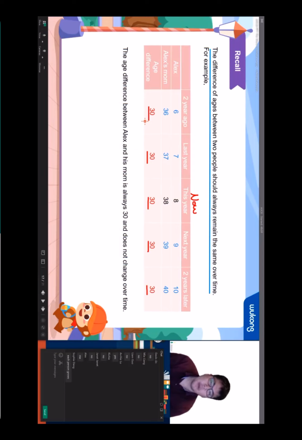Each person will become older next year. If we add one more year for Alex and one more year for Alex's mom, you can still see that even though they became older, the difference never changes, even up to 2 years, or even last year or 2 years ago. So as you can see, the age difference will never change over time. Does that make sense, everybody?